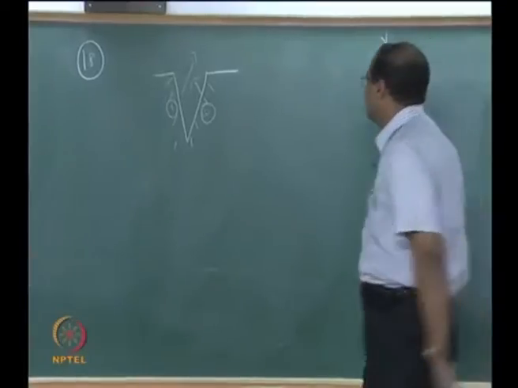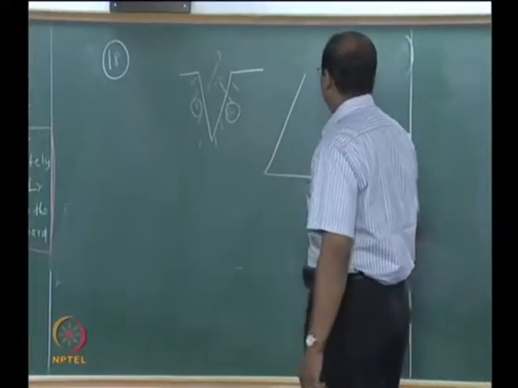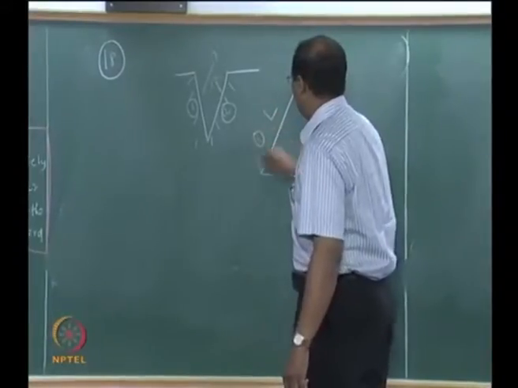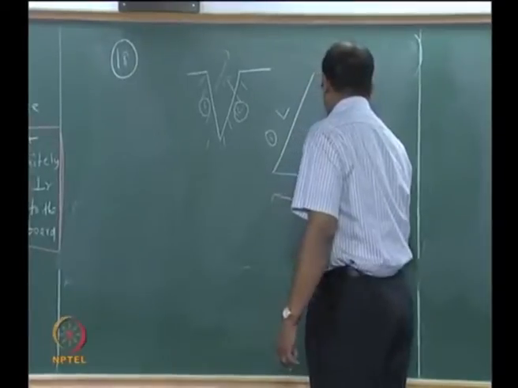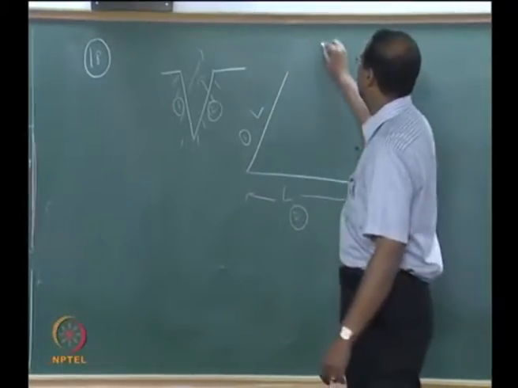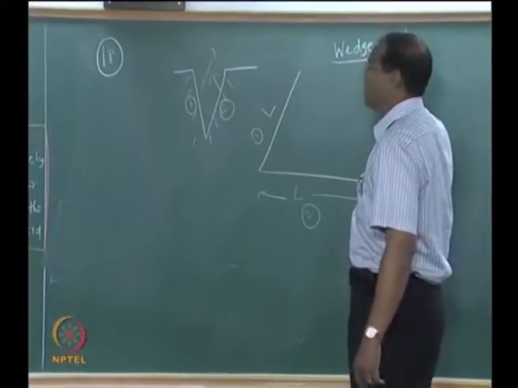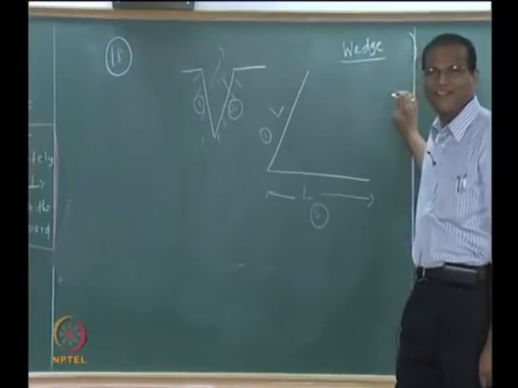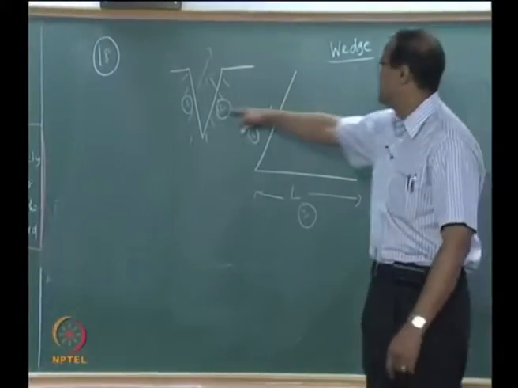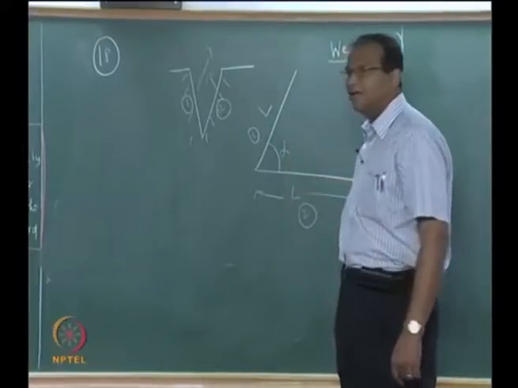So in order to make it so that you are able to follow what I am saying, let us say this is L, this is also L. I will call this as a wedge. Okay, this is a wedge. In English we keep saying, don't drive a wedge between the two people. Okay, so this is a typical wedge. Now the included angle is alpha.